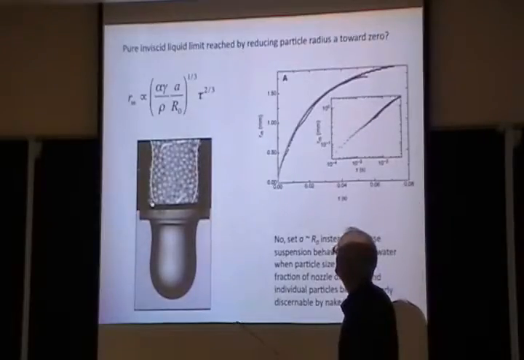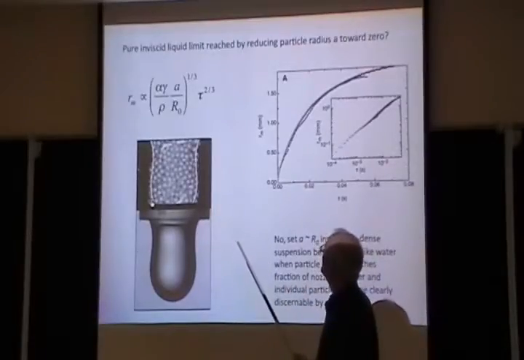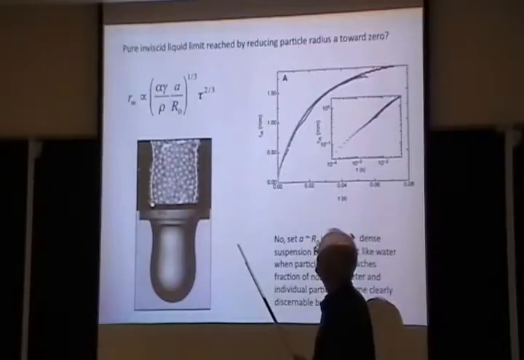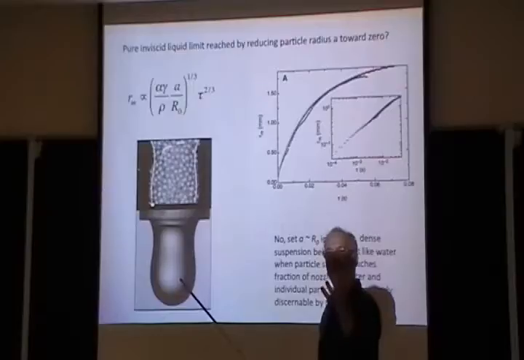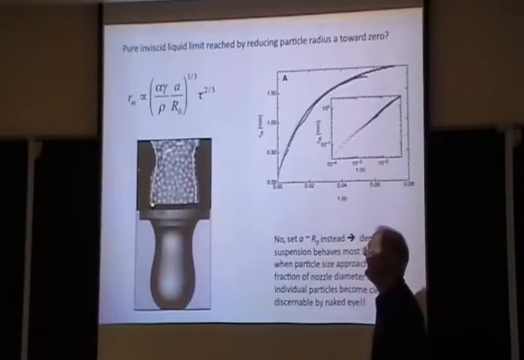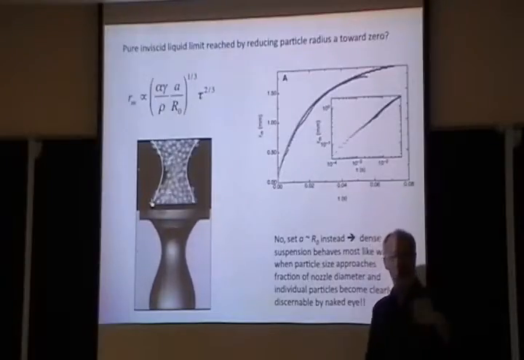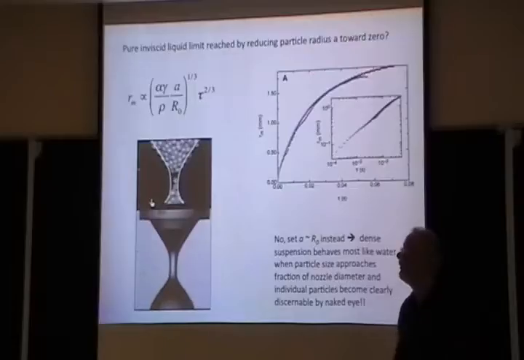It's slowly moving in, and eventually it should be going. And there we go. There you go, right? It does a very nice job, and if you ensemble average many, many drops, it works really, really well.